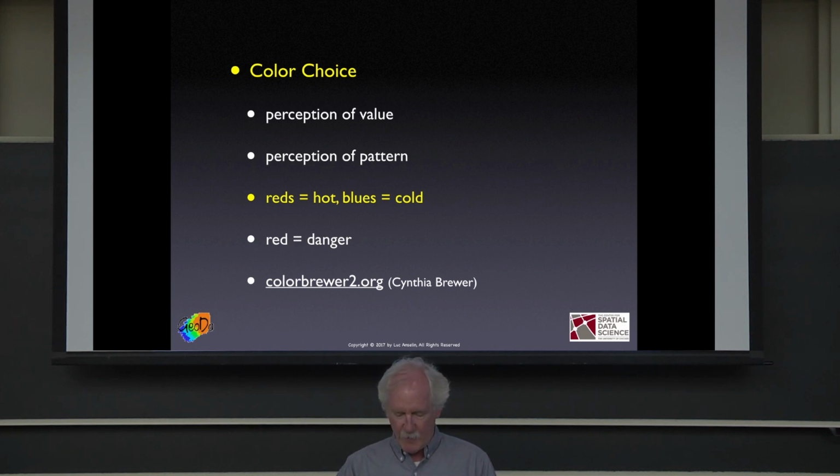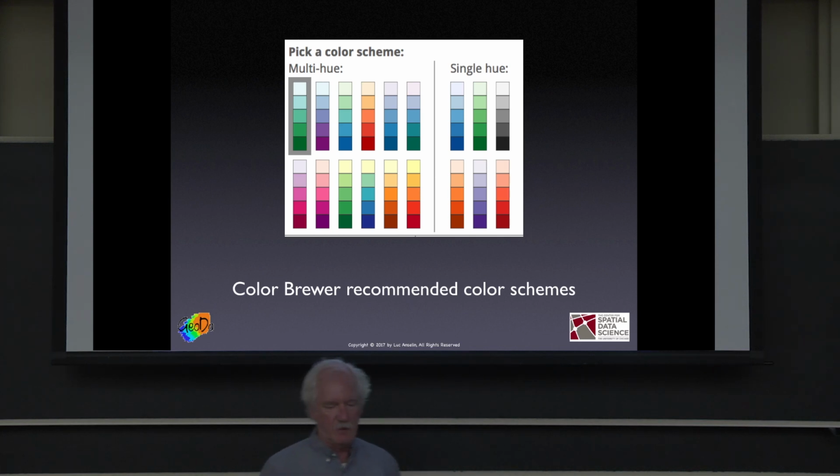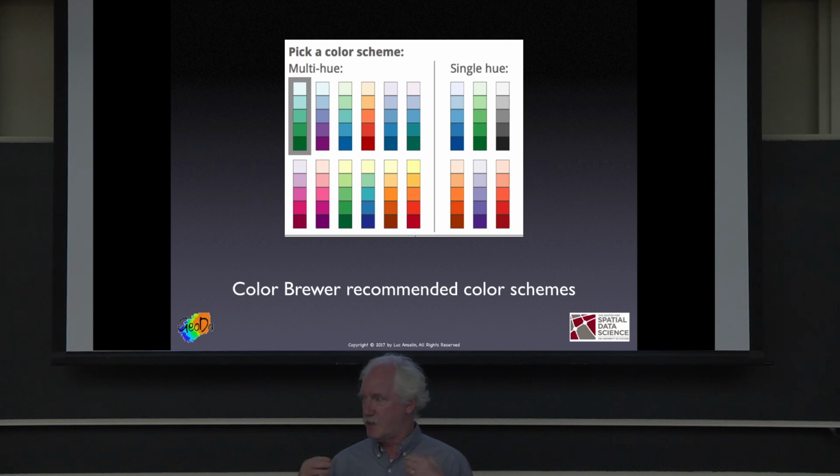A former colleague of mine, Cindy Brewer, has done a lot of work on the perception of color and which colors are good to go together in maps. She has a website called Color Brewer, and if you've never thought of this, you should go visit it and start looking at some of these examples, because she's done a lot of work based on the psychology of perception of what goes together.